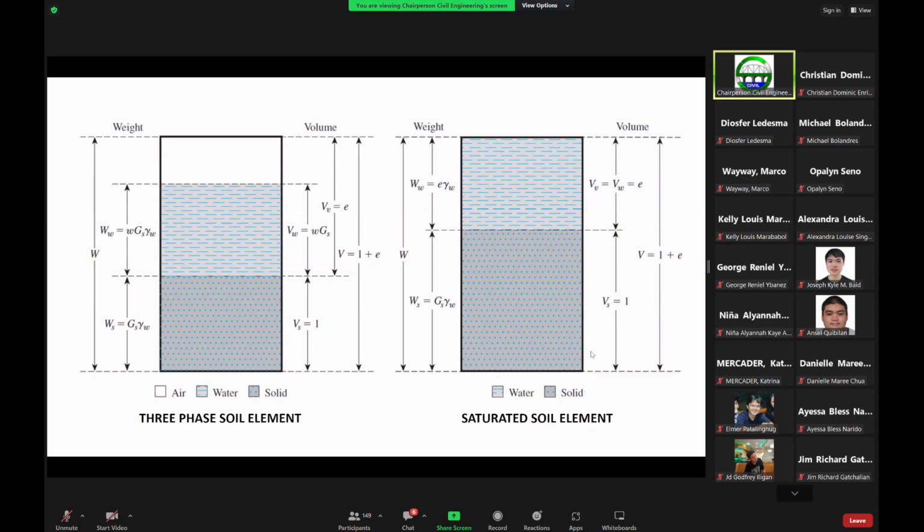I just copy pasted the figures so that you can compare side by side the differences in the formulas for the weight of the water, the weight of the soil, as well as the volume of the water, assuming that the volume of solids is equal to 1 for both a three-phase system and a saturated soil system. In the masteral degree, we also call this the unsaturated soil element.